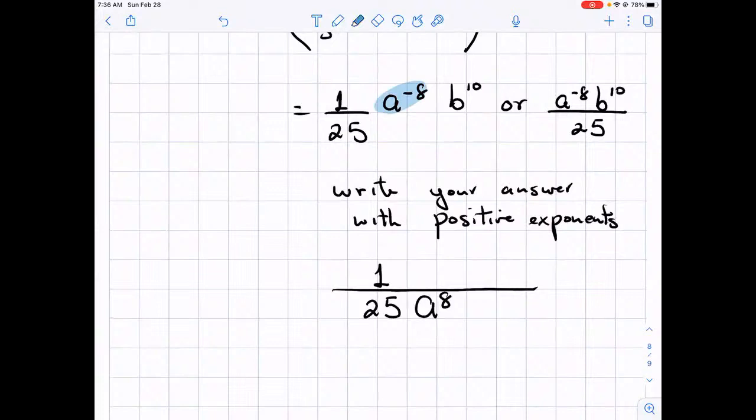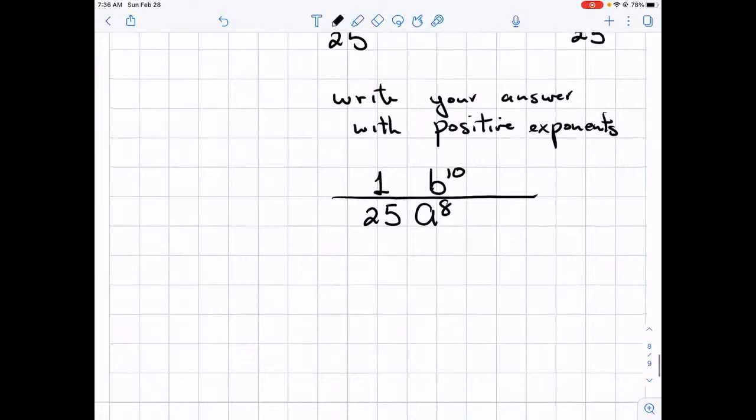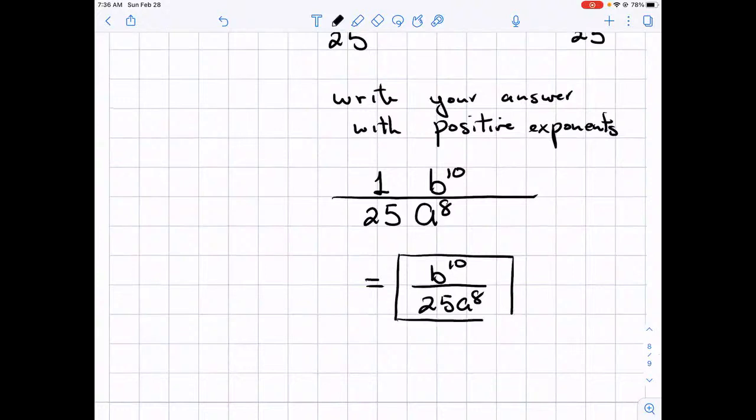The b has a positive power. It's in the numerator, so it stays in the numerator. Okay, and finally, we have b to the 10th over 25, a to the 8th. And this is our final result.